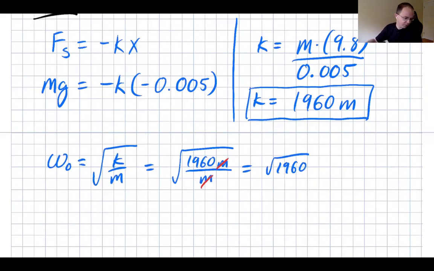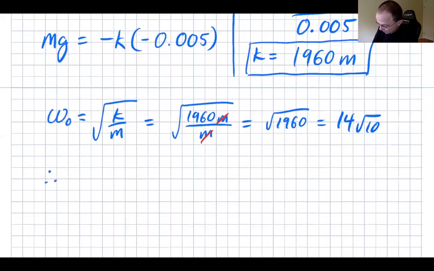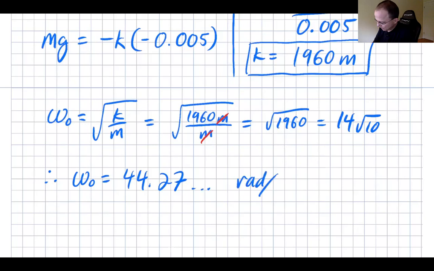So that's about 44. Well, maybe you want to know what it is exactly. I have this written down here. It's 14 root 10. Yeah, 14 times the square root of 10. And so therefore, omega naught is going to be like 44.27 and so on, radians per second.